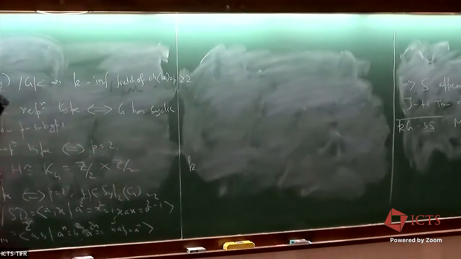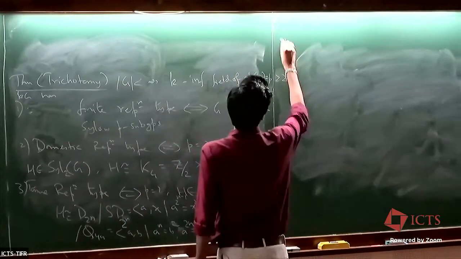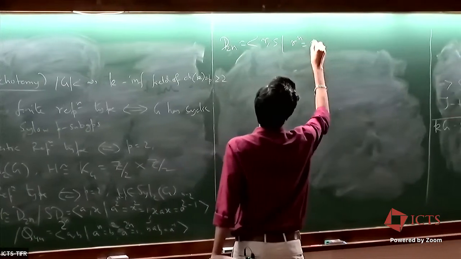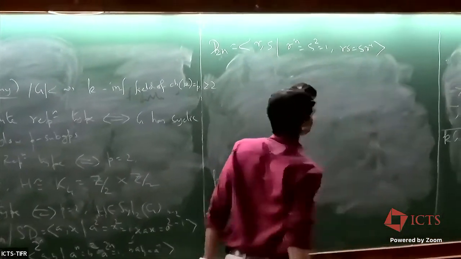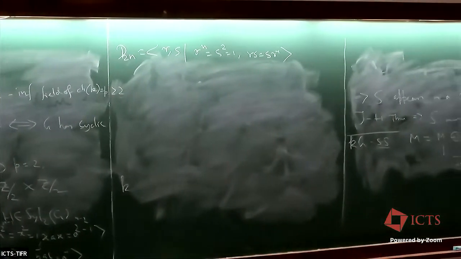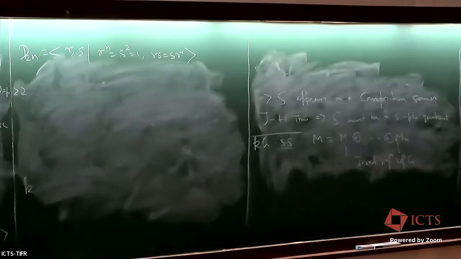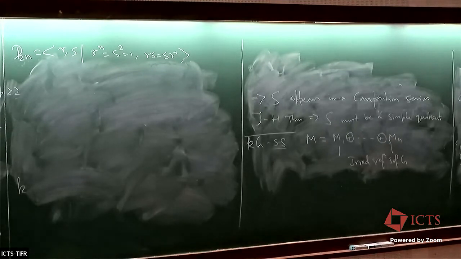D_2n, this 2n represents the order. So D_2n means this. D_2n has a Sylow 2-subgroup, right? In fact, depending on n, there could be plenty of them. No, D_2n I am writing, just 2n.